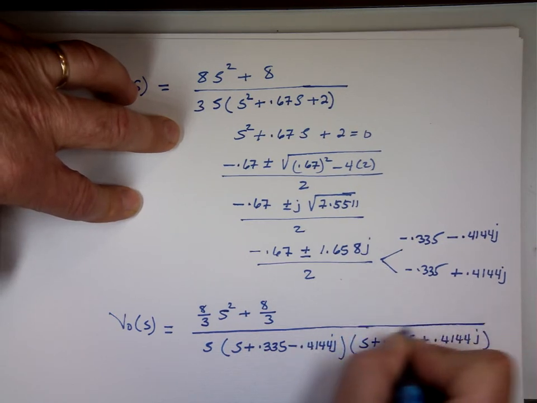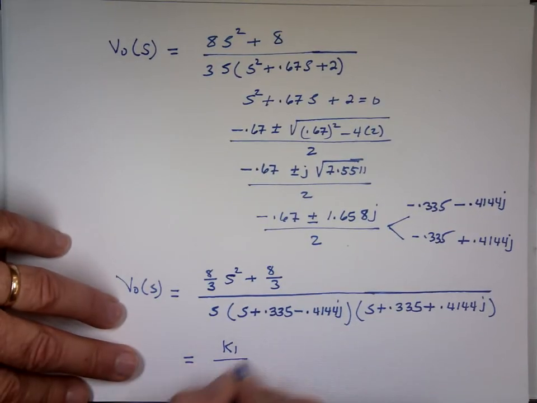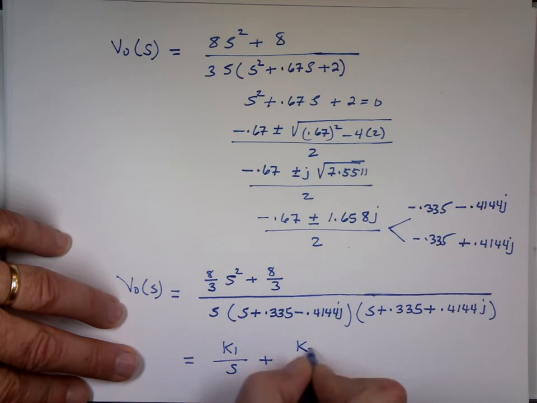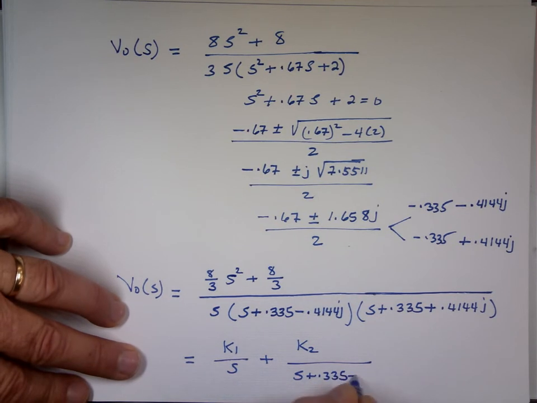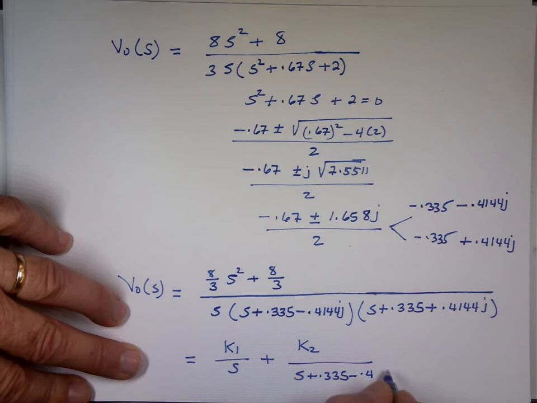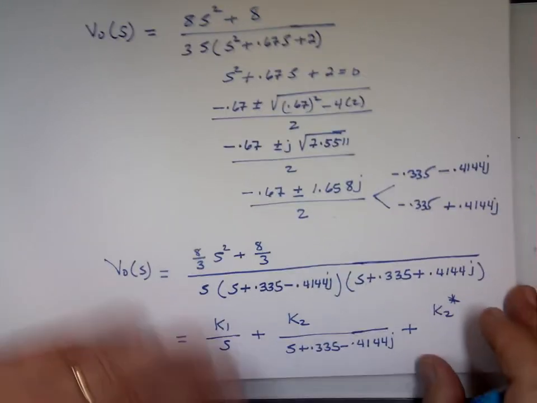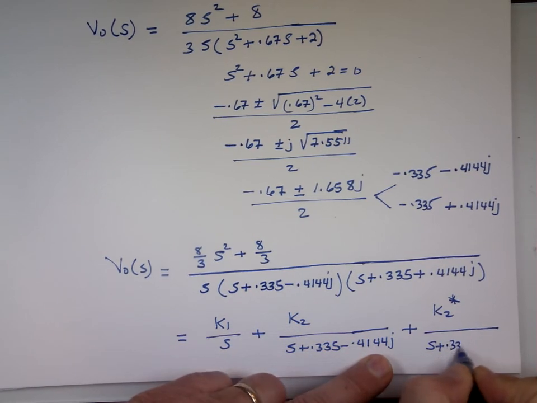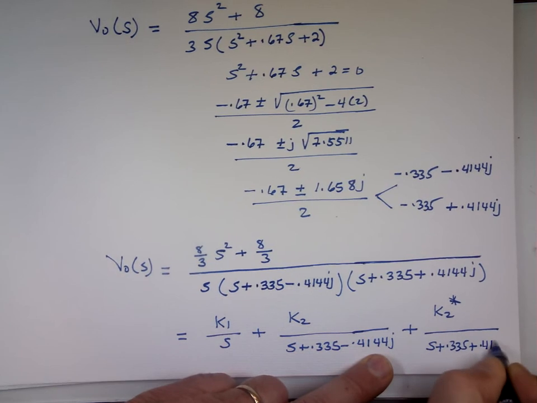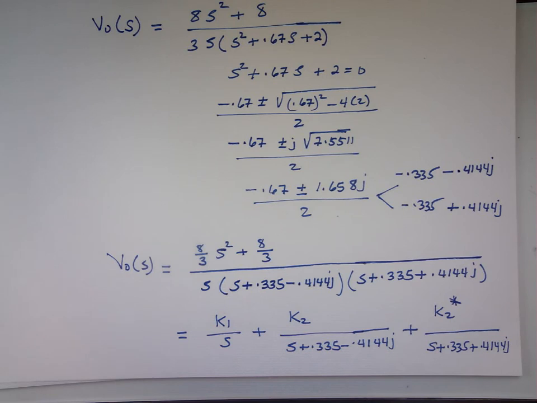Which means you can write that as K1 over S plus K2 over S plus 0.335 minus 0.4144J. And the other one will be the K2 conjugate. Remember when you have complex quadratic? And if I know K1, K2, I'm done.